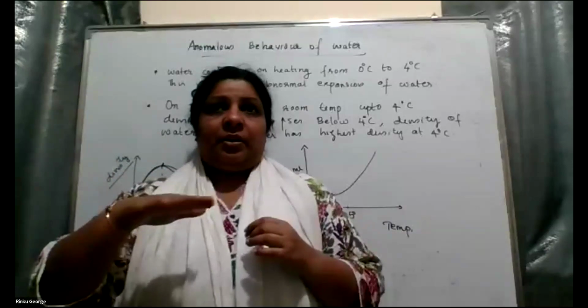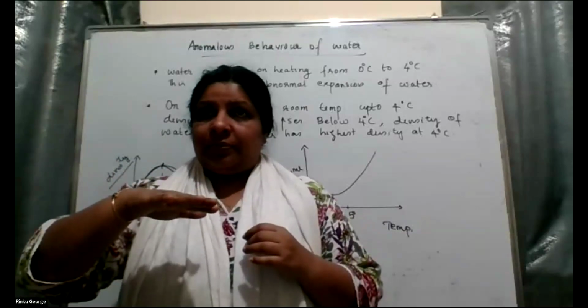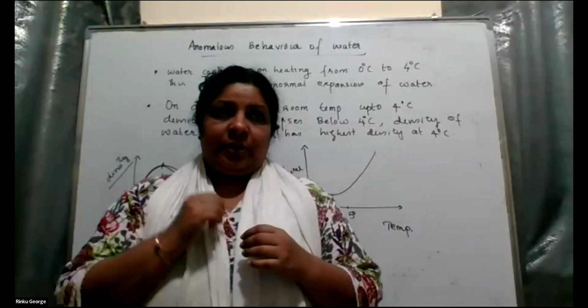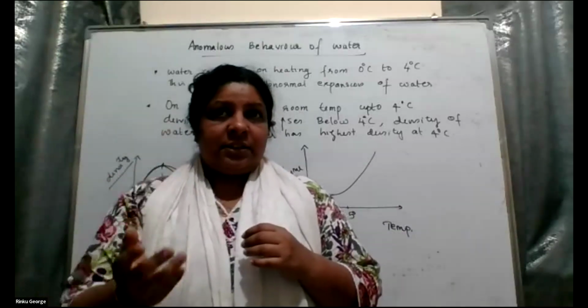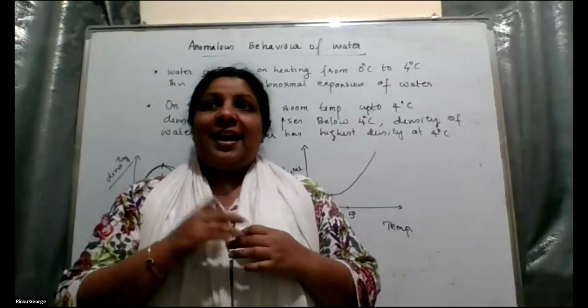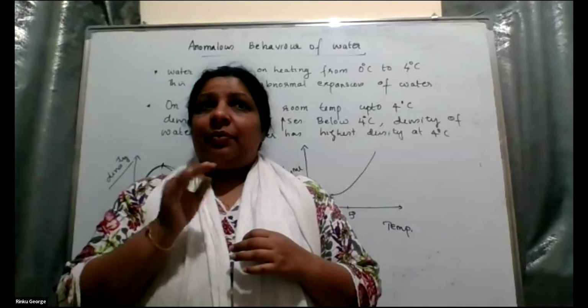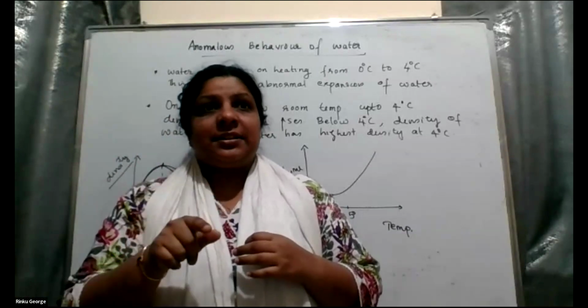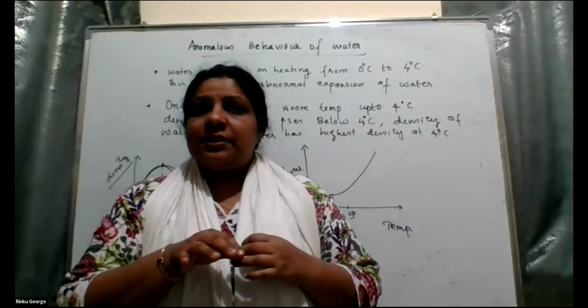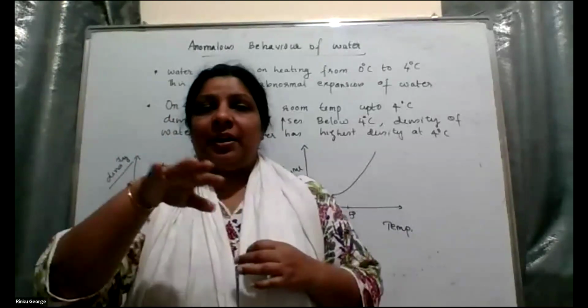So from the top layer of water, heat will be given to the atmosphere. Heat exchange takes place. So the top layer freezes, and when something freezes, density increases. When density increases, it will sink. The top layer of ice will sink.